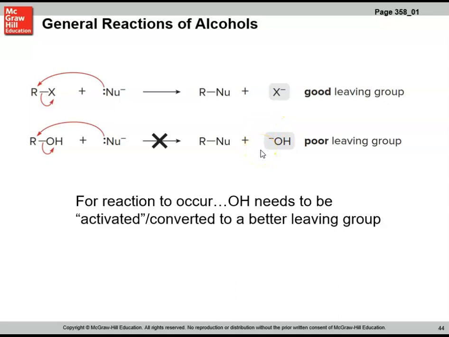It doesn't really want to leave that well. So we have to think about different mechanisms that we can utilize to help push off that hydroxy group. And we have to essentially activate or convert that alcohol group into something else to make it a better leaving group. So that's what we're going to talk about over the next few slides.